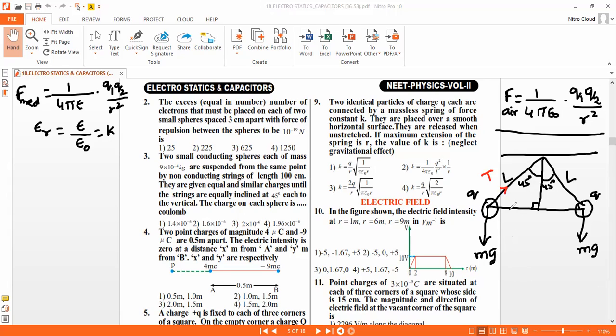This I can write as T sine 45, and this one I can write as T cos 45, which is equal to mg.